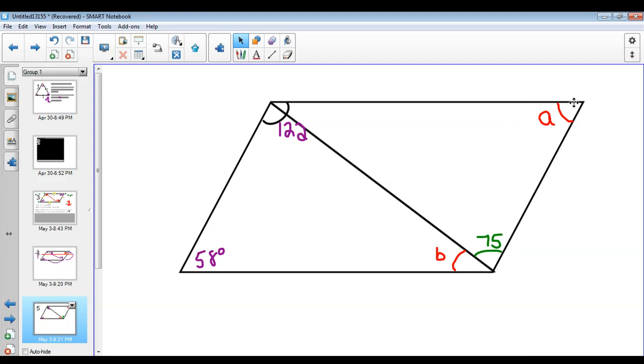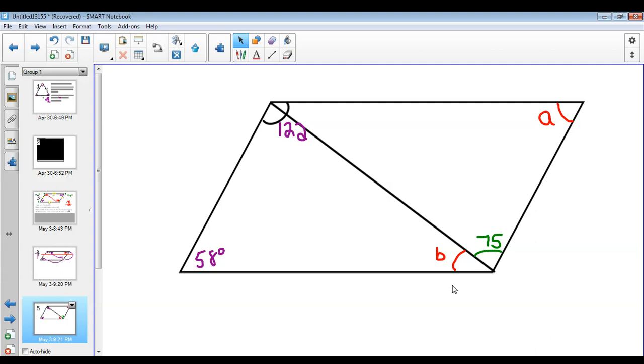Over here I have angle A in this corner as the acute angle. I've drawn in a 75 degree angle over here, and then I have angle B, which is also missing. So now I have to do a little bit of thinking here and ask myself, can I possibly figure out one of these angles, either angle A or angle B?